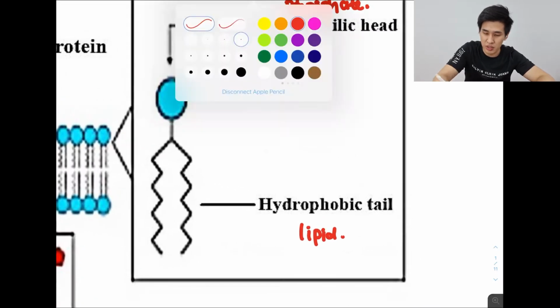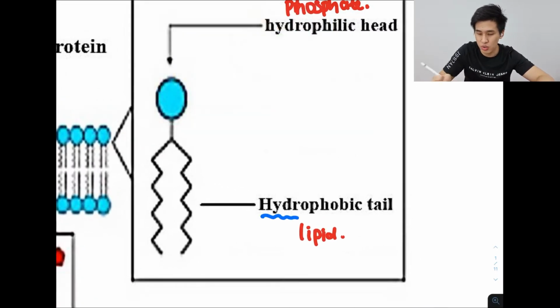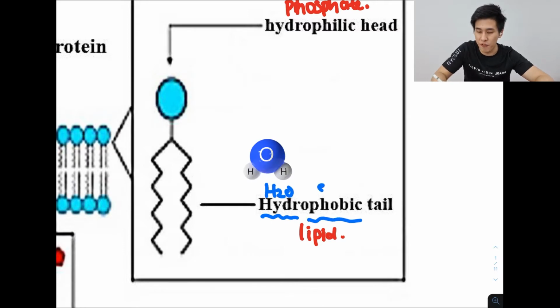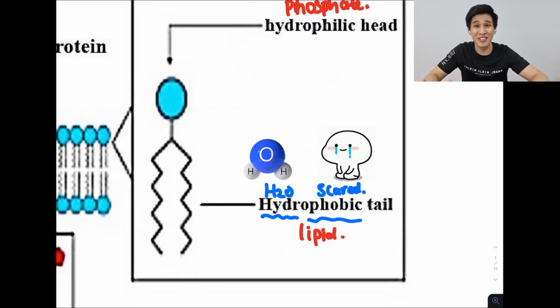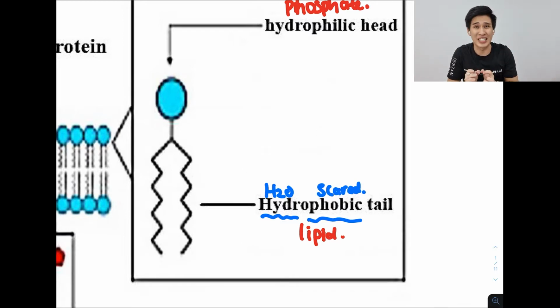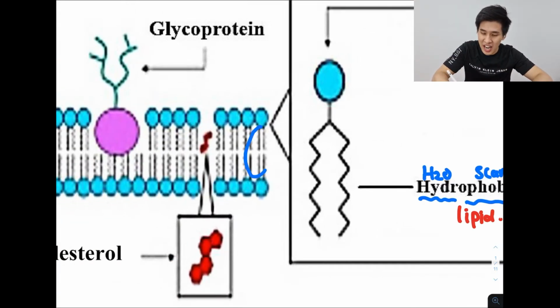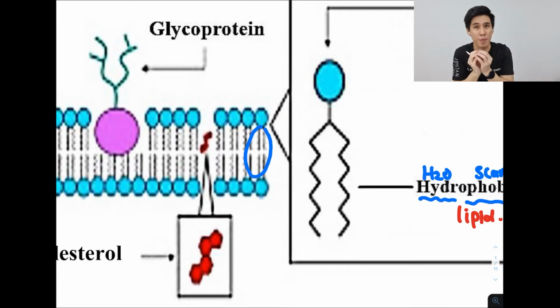We're going to break this word down again. Hydro, as you should know, means water. Phobic means you have a phobia, you're afraid, you're scared of something. So this tail is basically afraid of water. It does not like water. Just like oil, we know oil doesn't mix well with water. Hence, you can see the tail is always hiding inside the membrane, because water is always surrounding the cell. Inside the cell is also water.